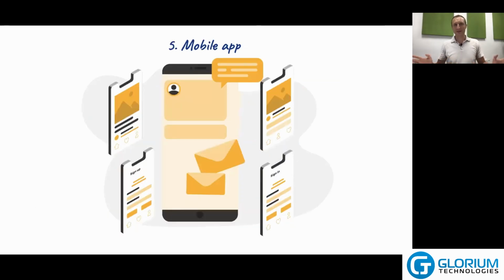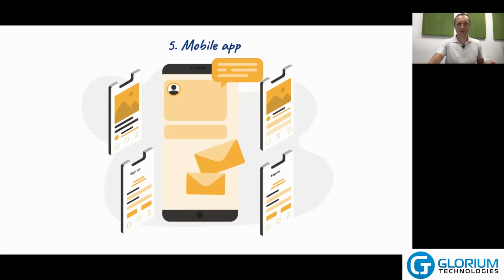Okay, and the last point I'm going to mention from my 5 ways, and I put it last because it's kind of obvious, is mobile applications. I'm not even sure how to properly stress the importance, but you have to have them.